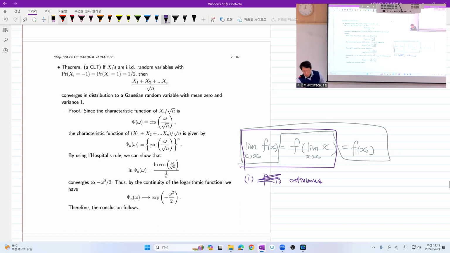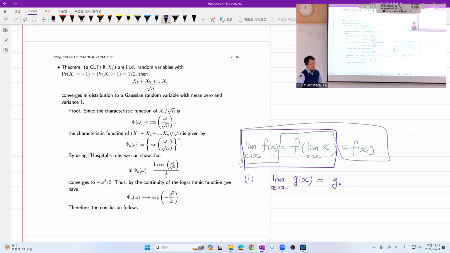So suppose we want to prove something like this. Limit x tends to x0 of g of x. So you want to show that this equals some g0.